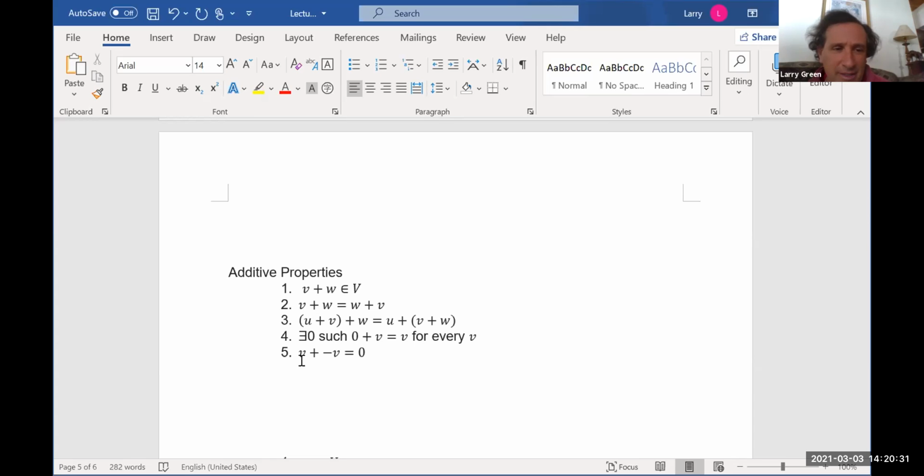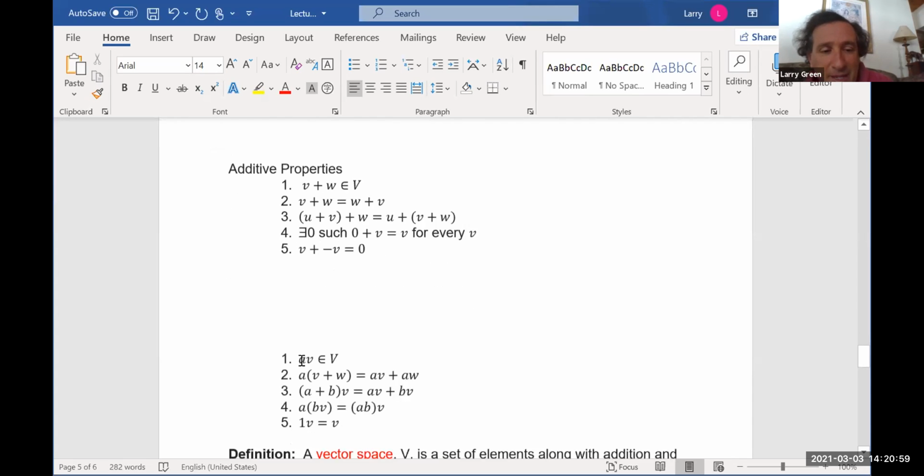Any questions on properties 1 through 5 for additive properties? I want to note something: given properties 1 through 5, you can prove anything that you already know about, basically. Anything that involves addition only. Any questions on additive properties?